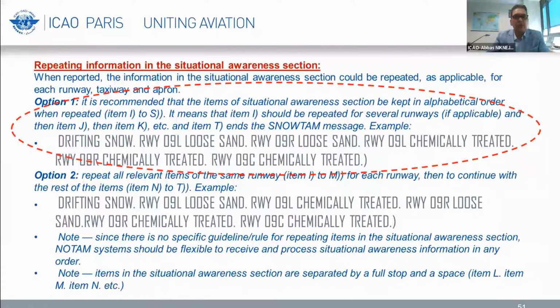Like if you reach item J or item K or whatever, which is a snowbank on the runway, then you have to put runway 09 right snowbank, runway 09 left snowbank, runway 09 center snowbank, etc. The other option, which is option 2, is that you report everything for runway 09 left, and then you report everything for runway 09 right, and the same for taxiways, but it's not recommended. The recommended option is to go through the alphabetical order.